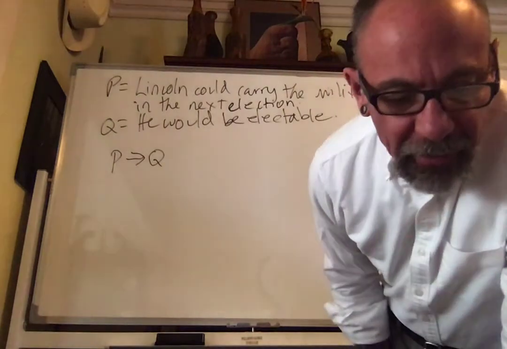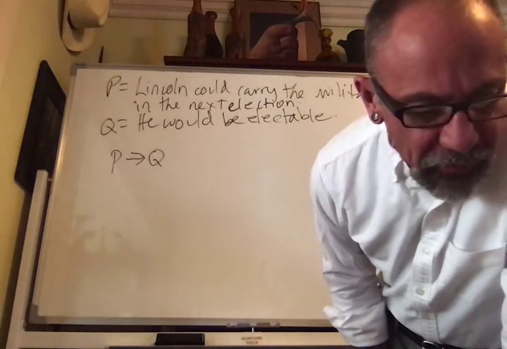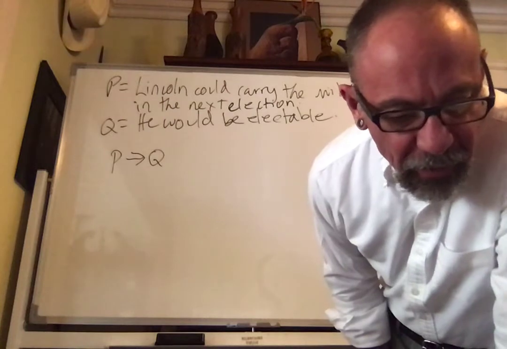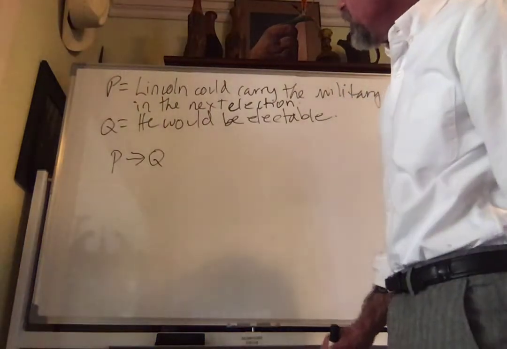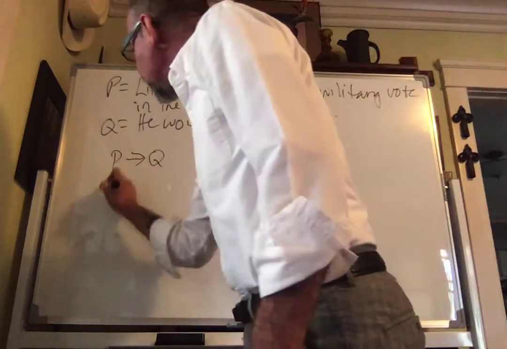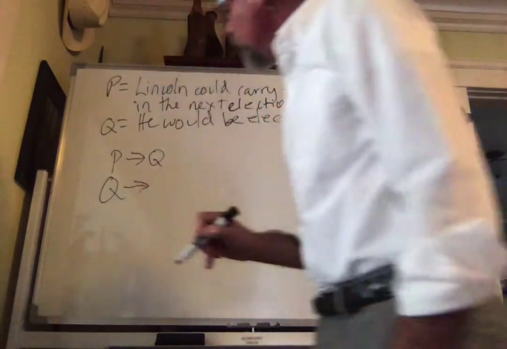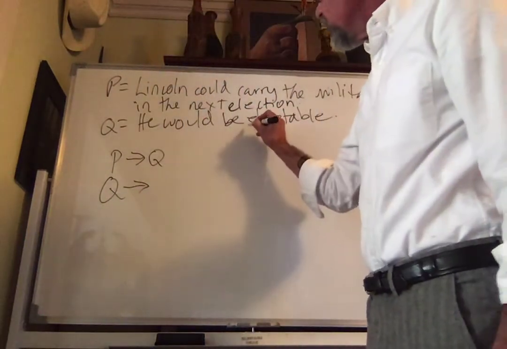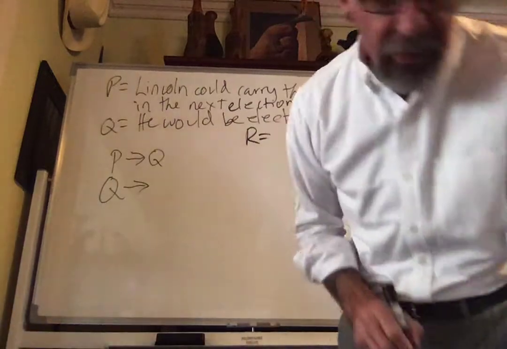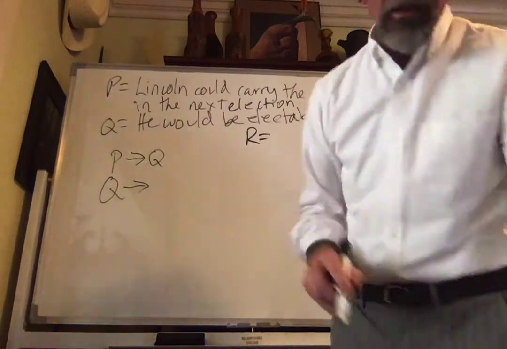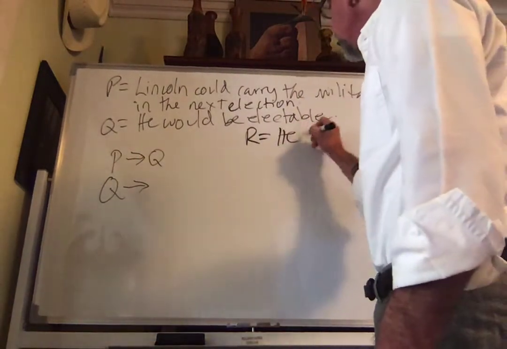Next, we have another conditional that says if he was electable, then he and not Chase would be nominated. Well, if introduces the antecedent, which is he would be electable, but now we're going to need more variables. Let R stand for he, meaning Lincoln, would be nominated.